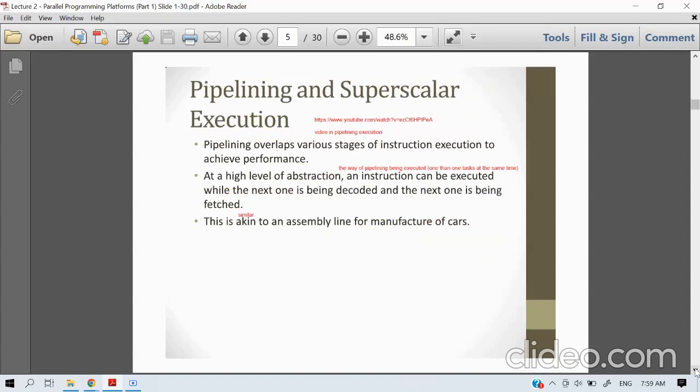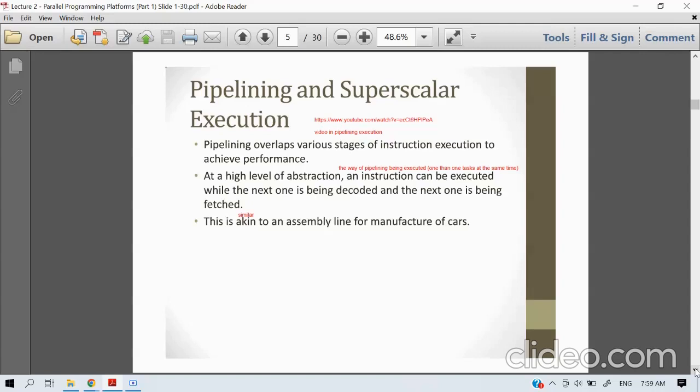Okay, so next. There are two kinds of execution in parallelism, which are pipelining and superscalar. Pipelining overlaps various stages of instruction execution to achieve performance. If we look at pipelining, you need to imagine a pipeline. It will overlap various stages, step by step, level by level.